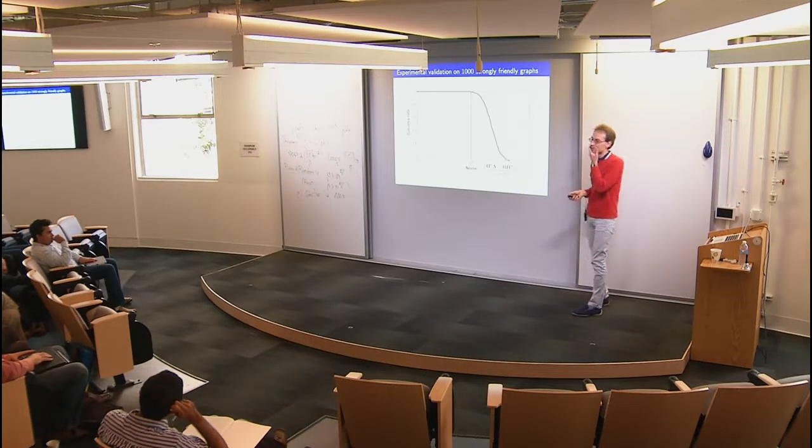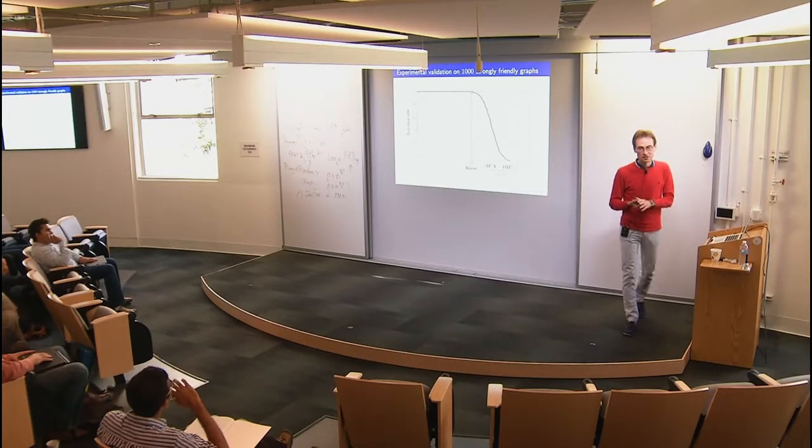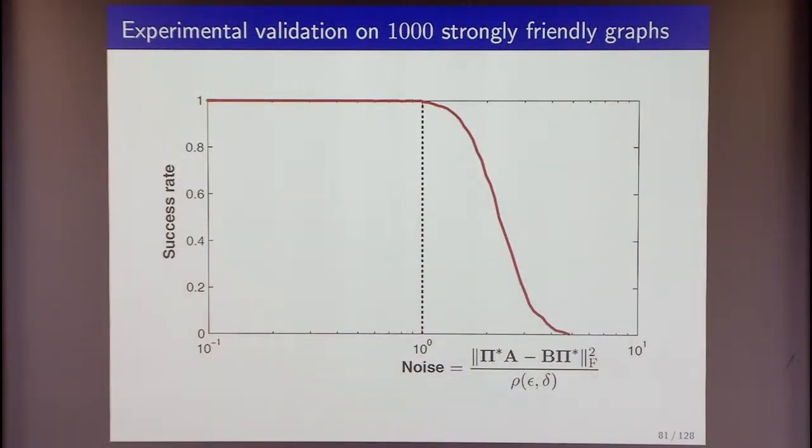Okay. So some experimental validation of this result. Maybe these sort of plots will be very intuitive to people who work on matrix completion or compressed sensing or these sort of problems. Basically, they call it in that community phase transition plots. Basically, I randomized 1,000 strongly friendly graphs and then added different levels of noise to each of these graphs.